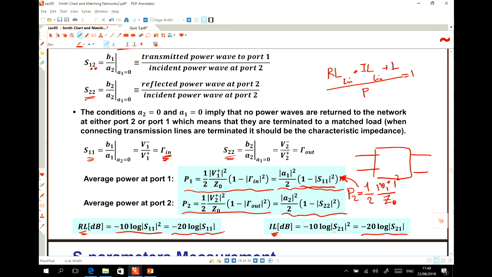When we are transmitting power at port 1, how much power we are receiving at port 2 is this one. No, this is not correct. This is different.